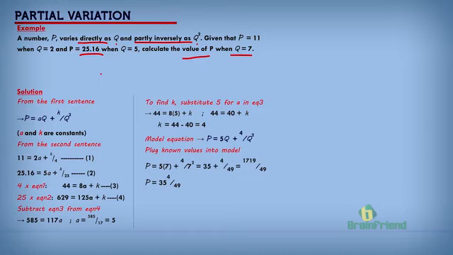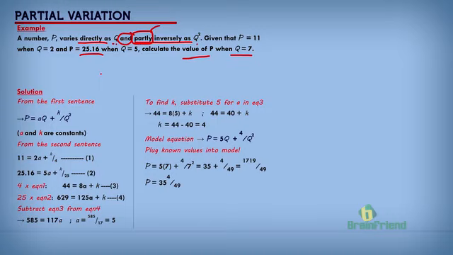So again, read it carefully so that you know that it's a partial variation question. The question says varies directly as Q and partly inversely as Q squared. Partly. So the key word to take note of is part.